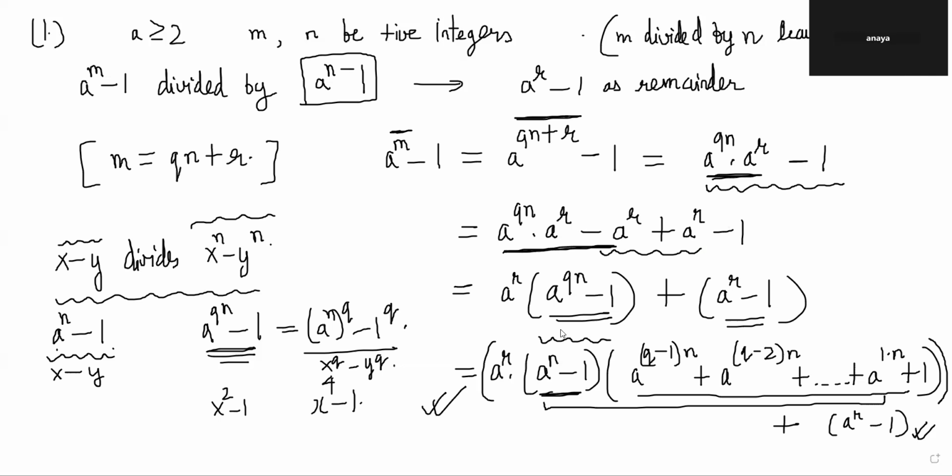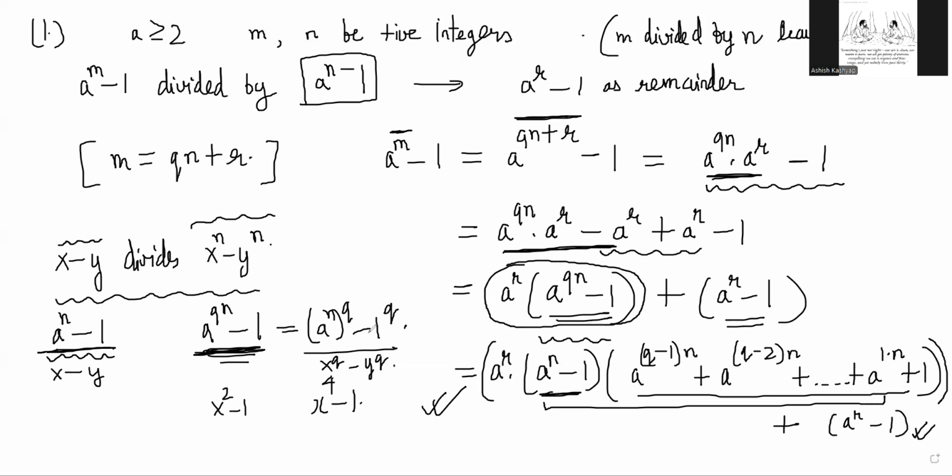And a power n minus 1 will completely divide this, because you can take a power n as x and 1 as y, and you're getting x minus y will divide x power q minus y power q. So this part is completely divisible by a power n minus 1, and therefore remainder will be this, right? So that is the first problem.